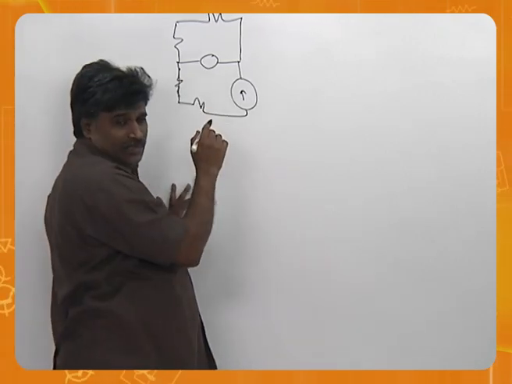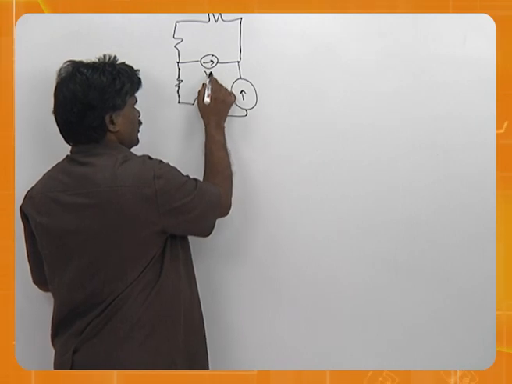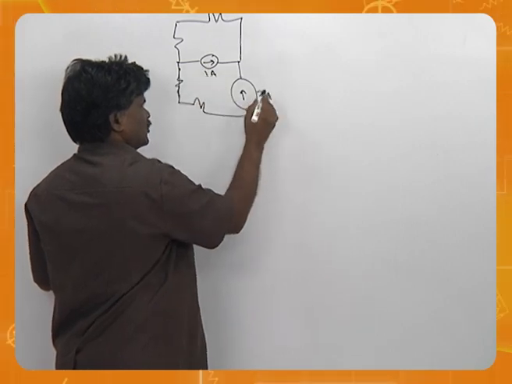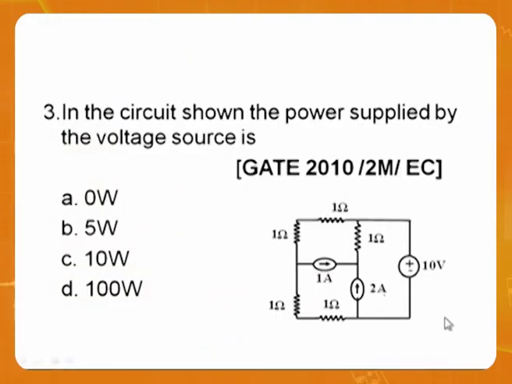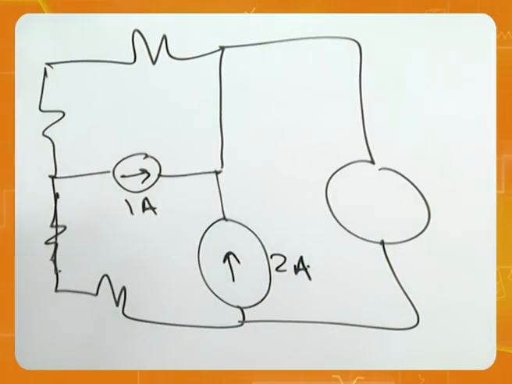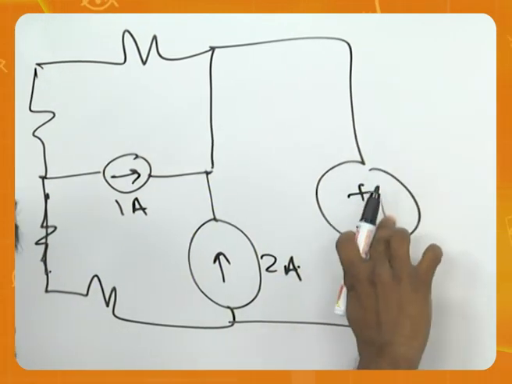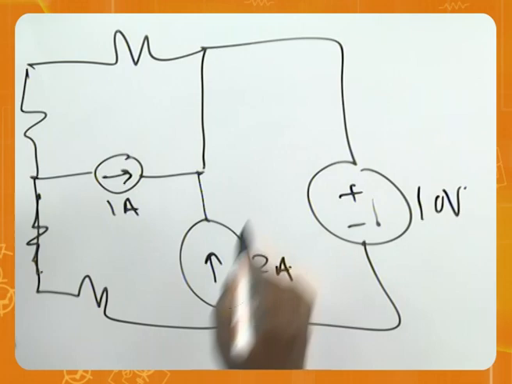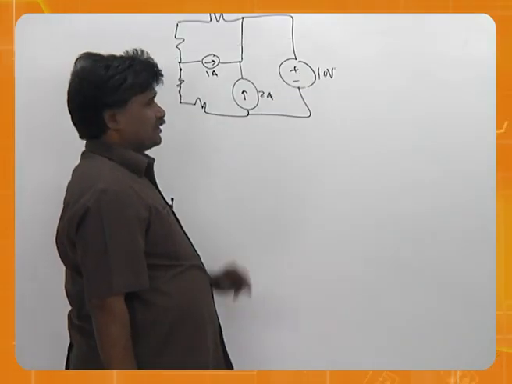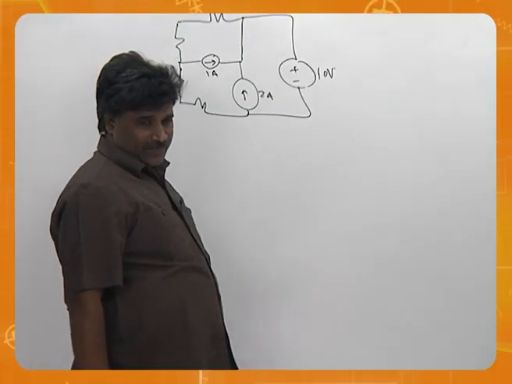This is one current also here, 1 ampere, 2 amperes. Then a source is given here. The question is, from this 10 volts, how much power is supplied?